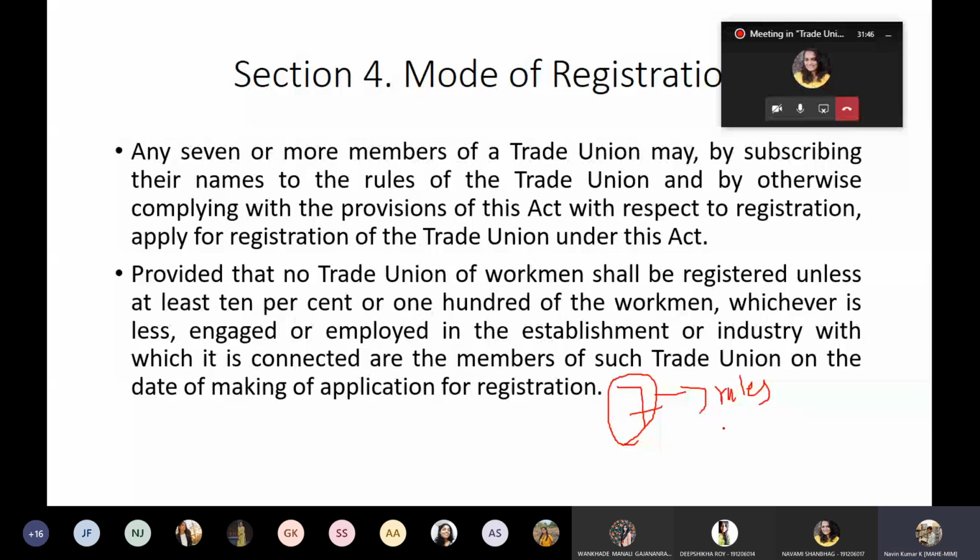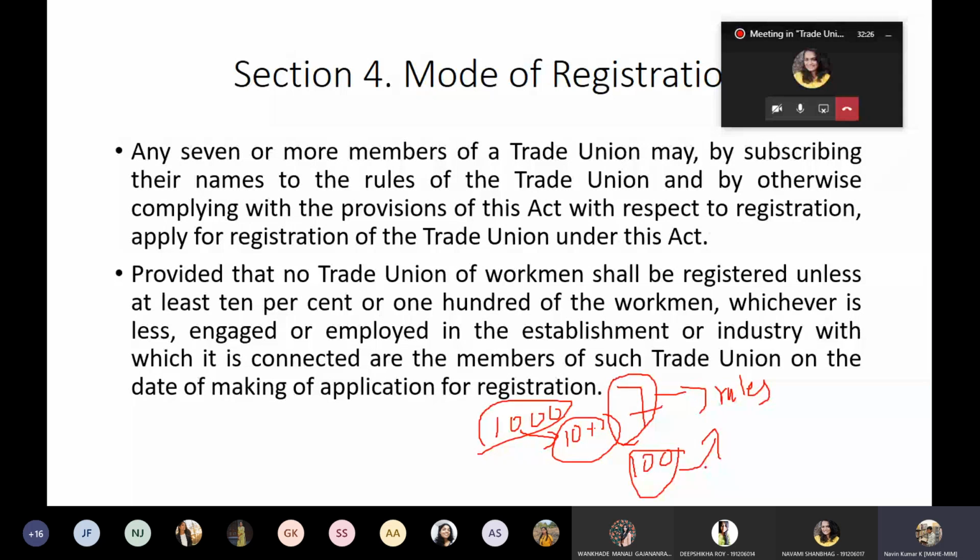The second document was recently added. Along with this, you should submit before the registrar that in your union, whatever you want to register from your organization, suppose there are 1,000 workers working, at least 10% of this workforce are the members of your union. 10% in the sense 100 are the members of your union.